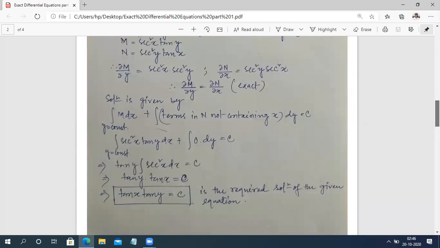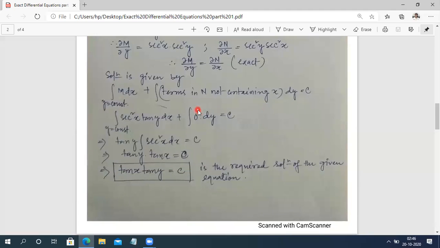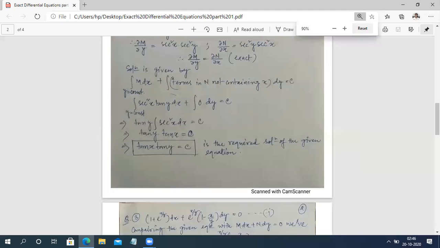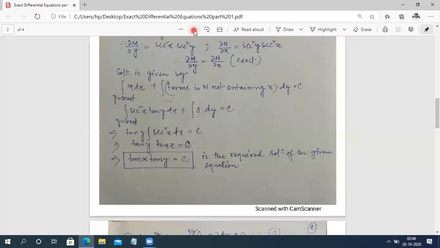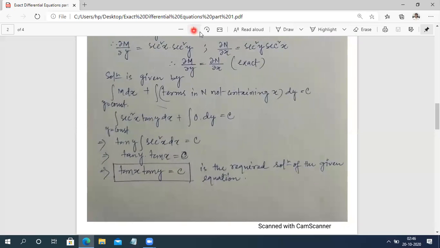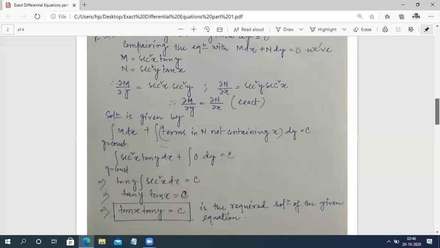So what will be the solution? The solution is the integral of M dx plus the terms in N not containing x into dy is equal to c. So here, what was your M?